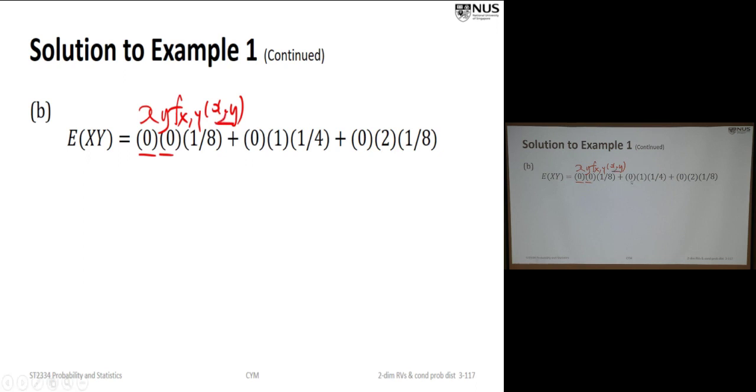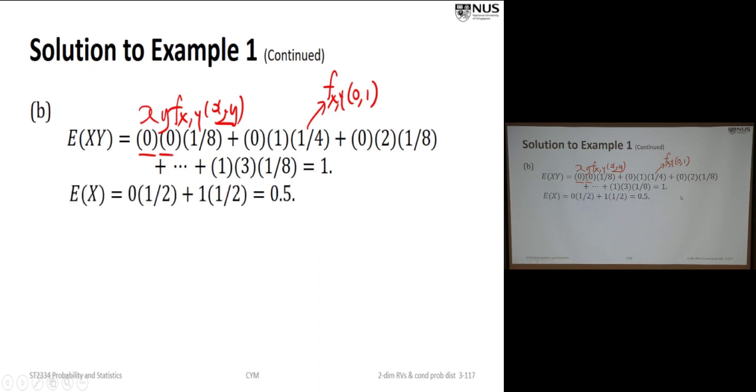Then x equals 0, y equals 1, f of xy evaluated there is 1/4. And so on. Oh, wow, seems 1 is a lucky number. It appeared as 1 again. Just now the expectation of y minus x is also 1. So the expectation of x times y is 1.